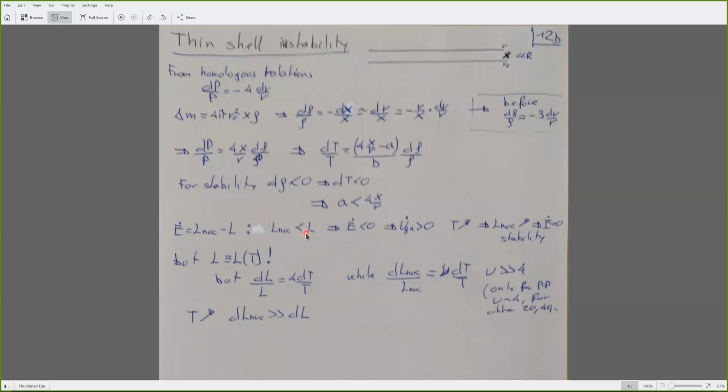So even if there is more loss, the total energy will increase in absolute value because it decreases, becoming more negative, and that will cause an increase in temperature. Then anyway, the nuclear reaction will manage to balance and stop this variation.